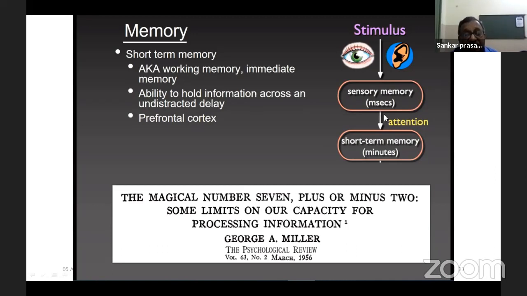If there is any delay or distraction, you lose this. You can remember a span of about 7 plus or minus 2 items, numbers, and in this memory span you can dial a telephone or make a brief conversation. This is the short-term memory, which is localized in the prefrontal cortex.